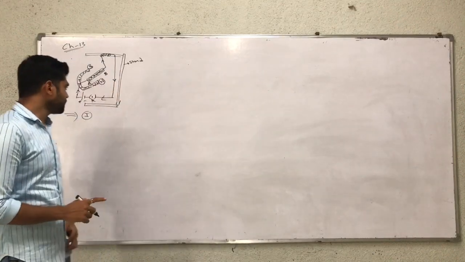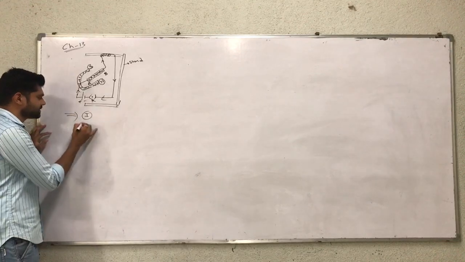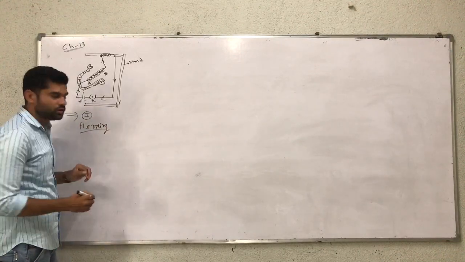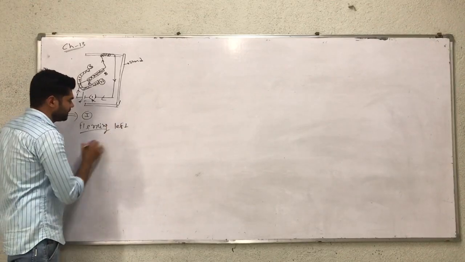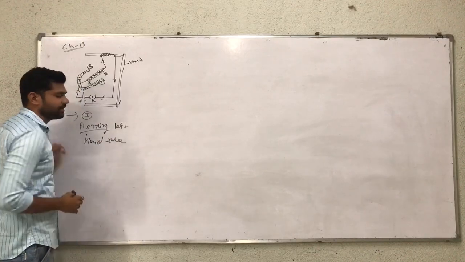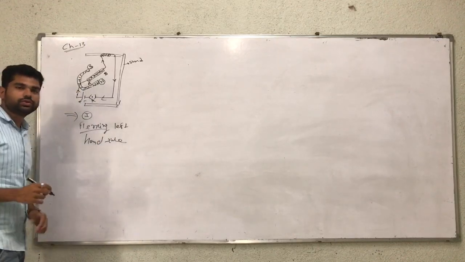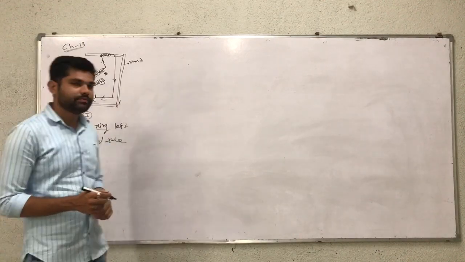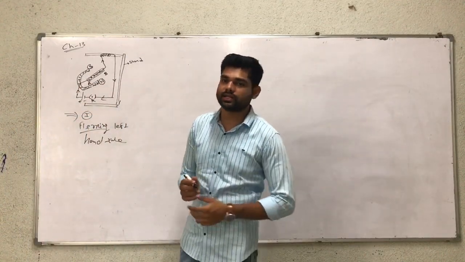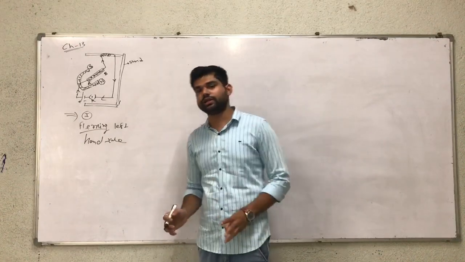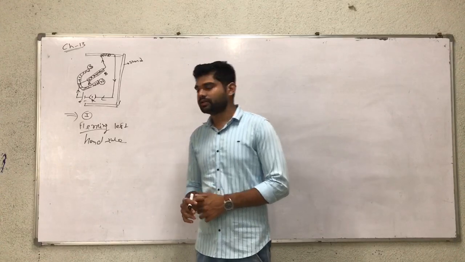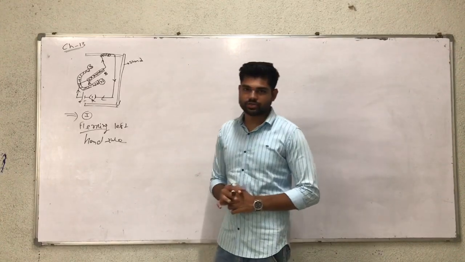Now for this experiment, Fleming introduced a law, the left hand rule, to find the direction of the magnetic field, magnetic force and electric current, all three quantities.